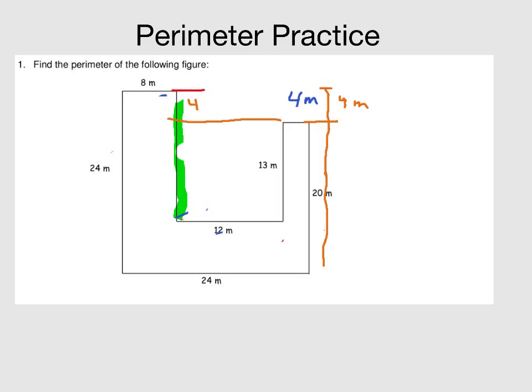So 4 is one little section of the green length, and this dimension from here up is 13. So 13 plus the 4 would make the whole thing 17 meters from, well, the green line, from the bottom right to the top. That would be 17 meters.